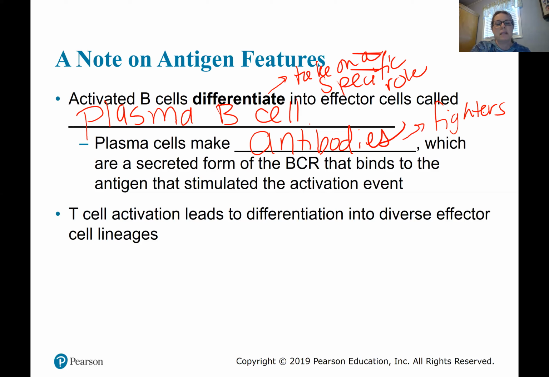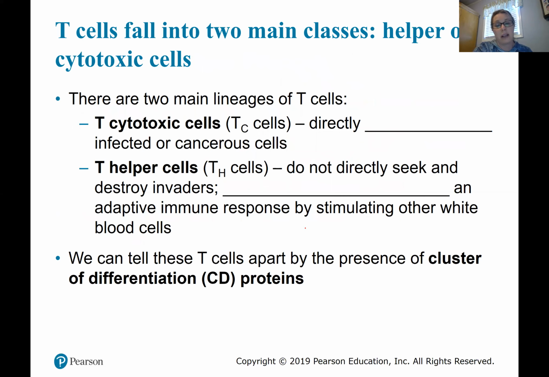Okay, T cell activation leads to differentiation, and there's different types of T cells. There are cytotoxic T cells, and here's an abbreviation there, that these are going to directly destroy infected cells or cancer cells.